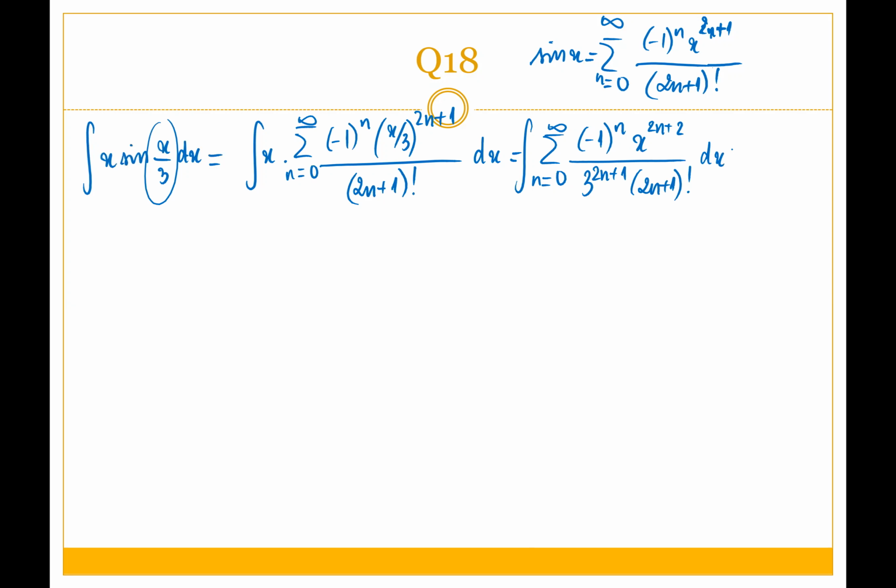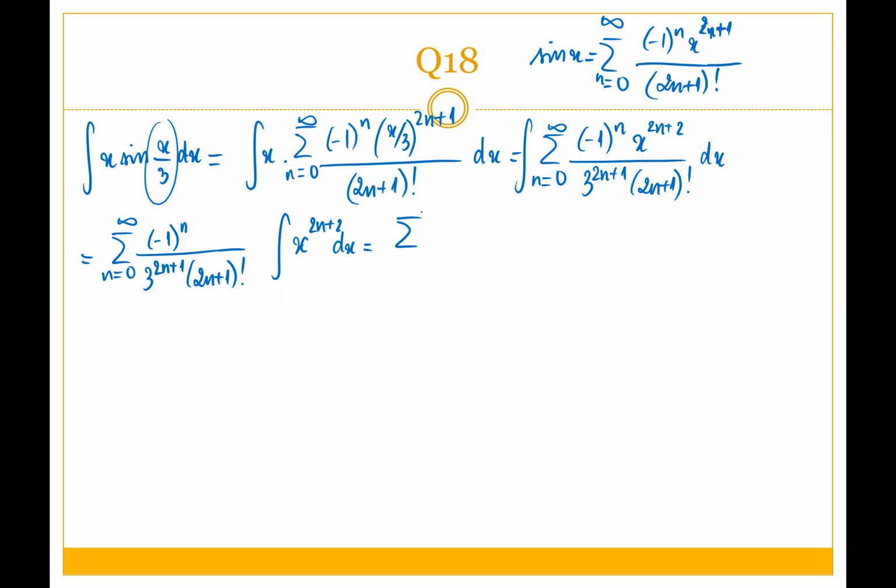As I mentioned, when you take the integral, you only care about the part related to x. Anything else, you treat as a constant. So you have the series of negative 1 to the n over 3 to the 2n plus 1 times 2n plus 1 factorial, and you take the integral of x to the 2n plus 1 dx.